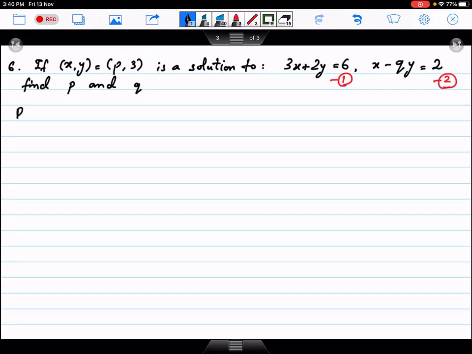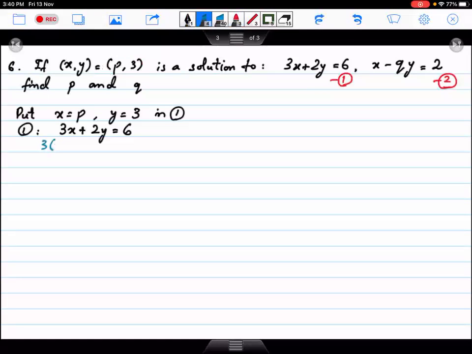What I will do, I will put x equals to p and y is equals to 3 in equation 1. So what was the equation 1? It was 3x plus 2y is equals to 6. So it becomes 3p plus 2 times 3 is equals to 6. Now it becomes 3p plus 6 is equals to 6.